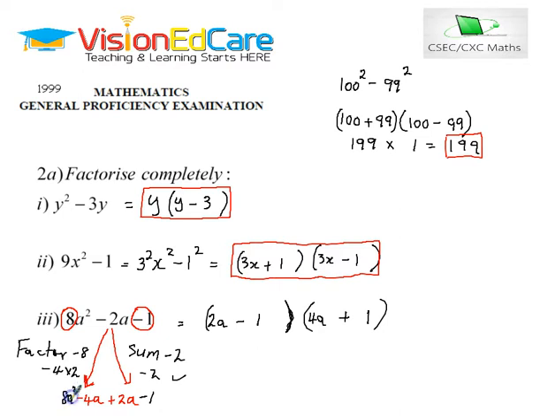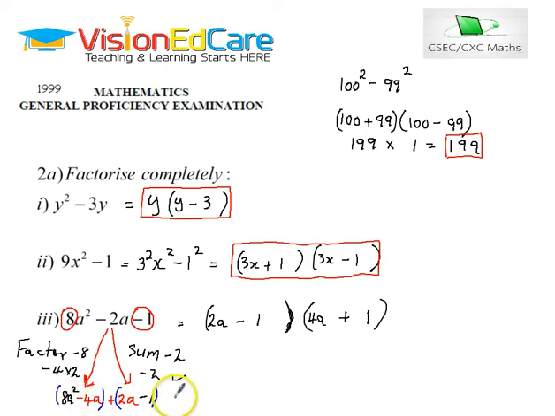Okay, what you need to do next is to insert your brackets and factor out the common factors. So let's insert our bracket here and insert our bracket here as well. In the first bracket, the common factor is 4a.